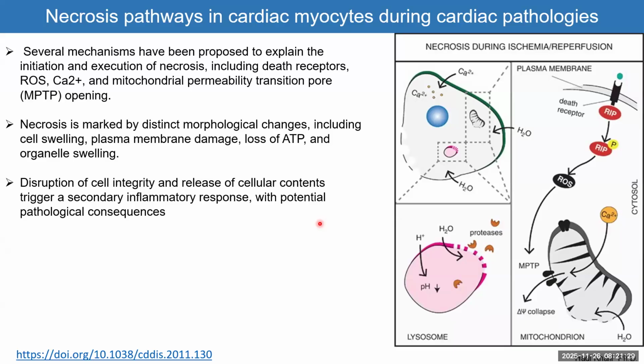A few words about necrosis. I already described it in the first slide, and I said I will come back to this by the end of the lecture. And here you can focus on this cardiomyocyte under ischemia reperfusion, and it's focusing on two compartments. The mitochondria, which I'm not going to describe anymore because we did this multiple times.